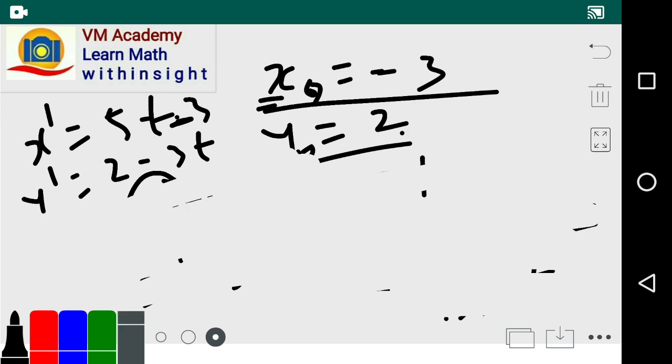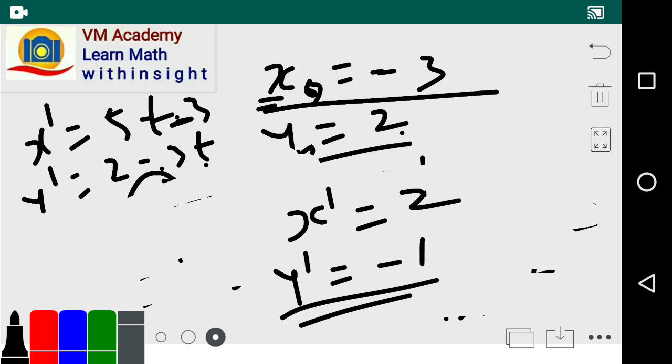And here we can easily see for t equal to 1, x' becomes 2, and y' becomes 2 minus 3, that is minus 1, and we can clearly see 3x plus 5y equal to 1.